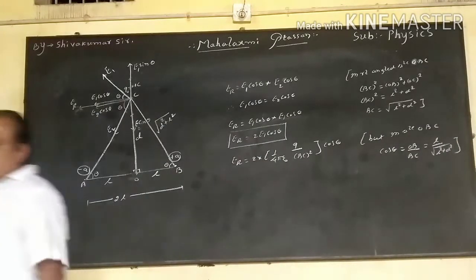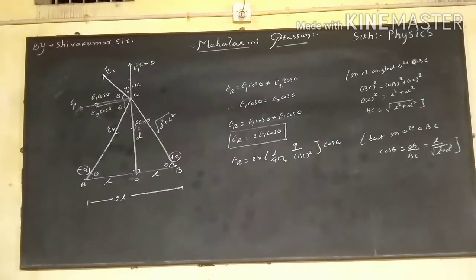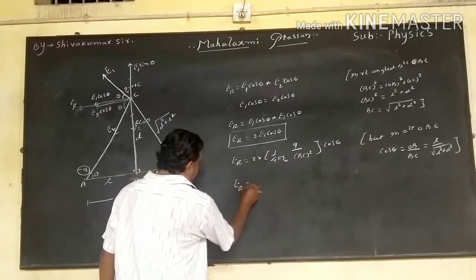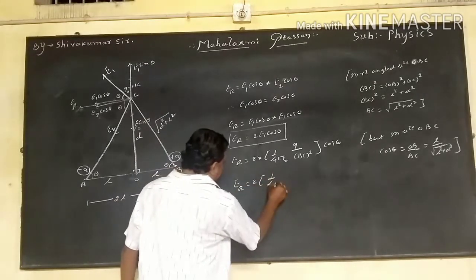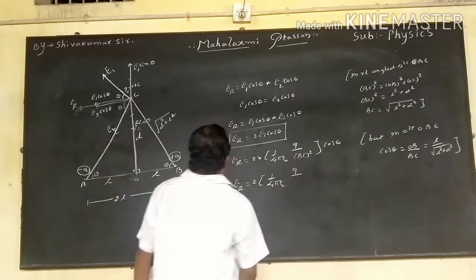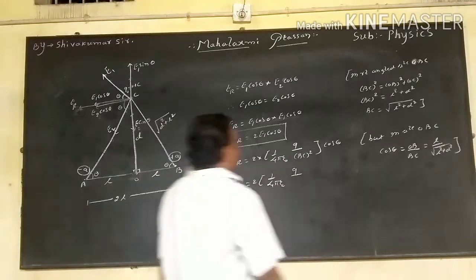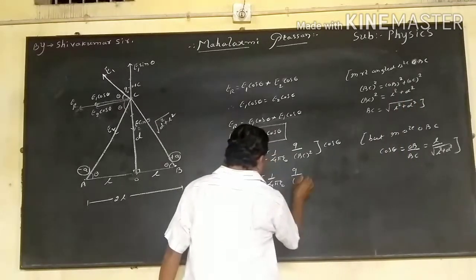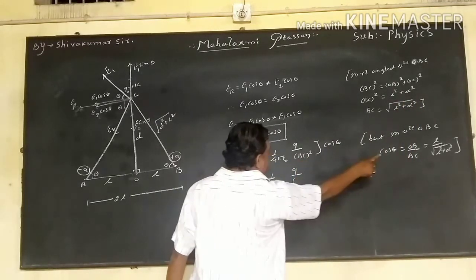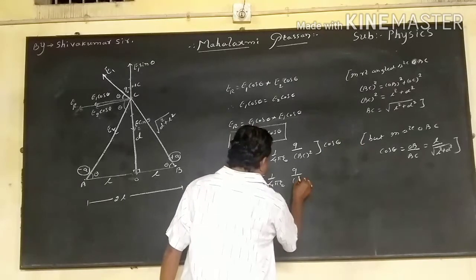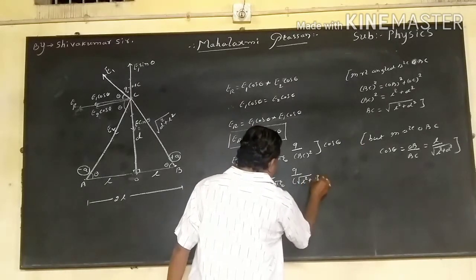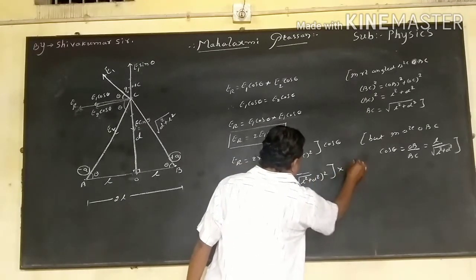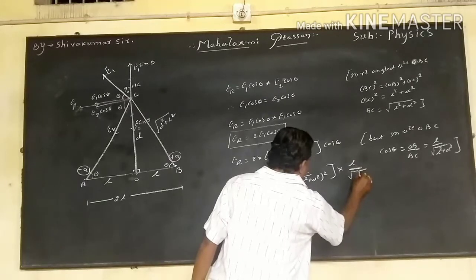So the resultant electric intensity ER equals 2 times 1 divided by 4 pi epsilon naught Q as it is. What is BC? BC square equals L square plus D square, so BC is under root of L square plus D square. What is cos theta? L divided by under root of L square plus D square.